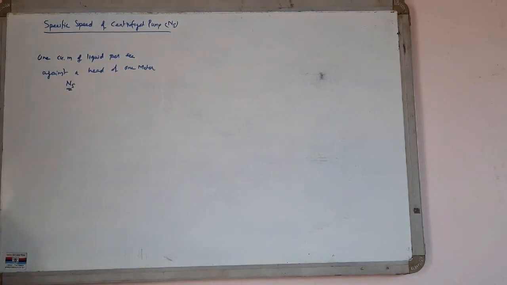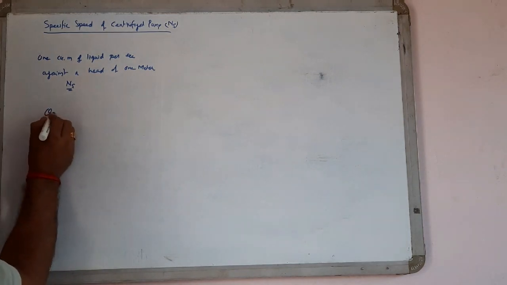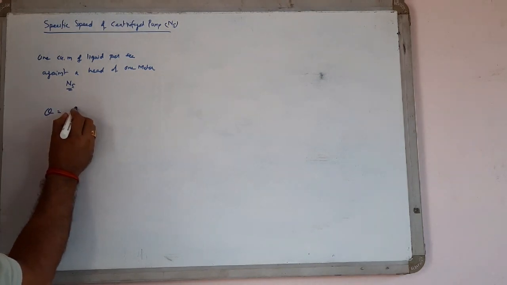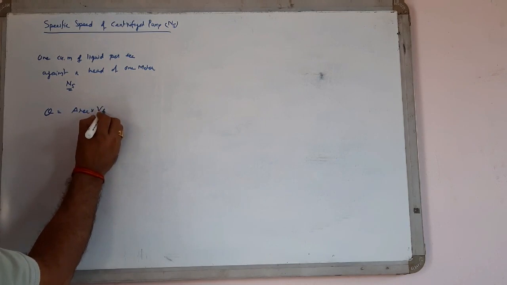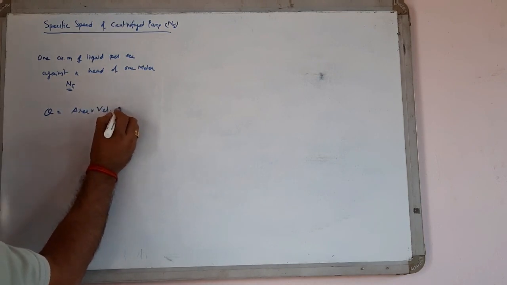Now, the discharge Q for a centrifugal pump is given by the relation Q equal to area into velocity of flow.